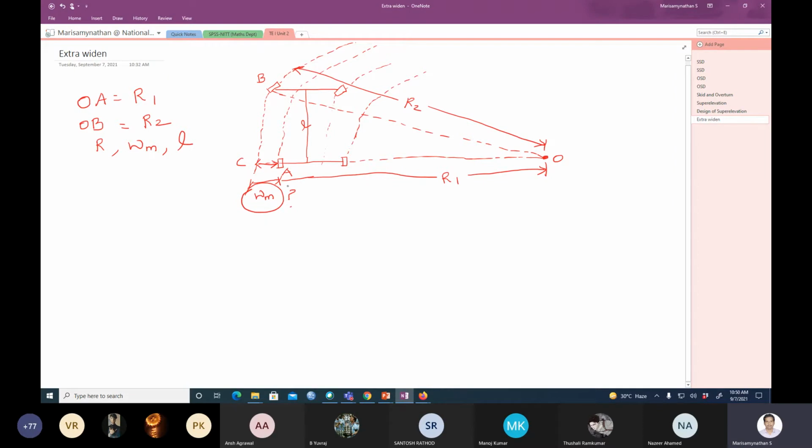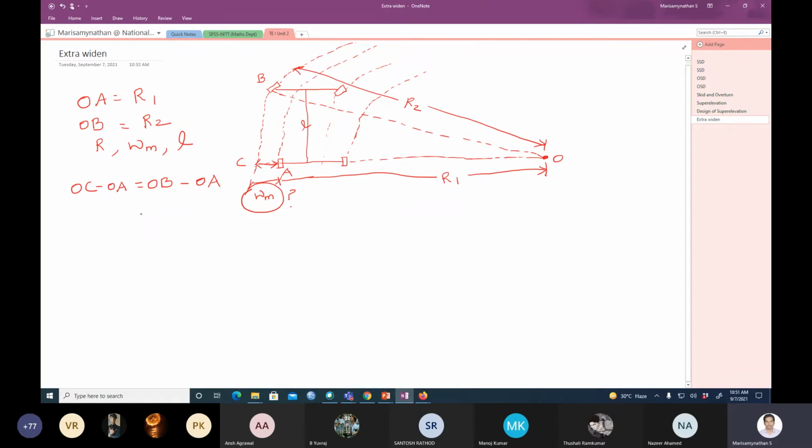We know that OC is OB minus OA, so OC is equal to OB.